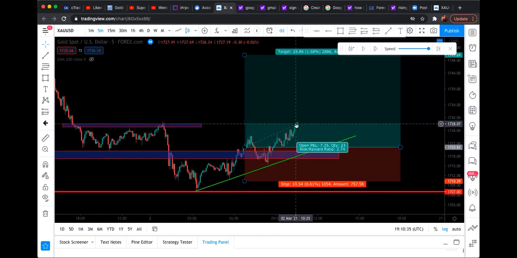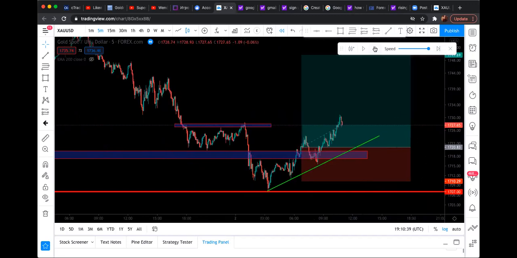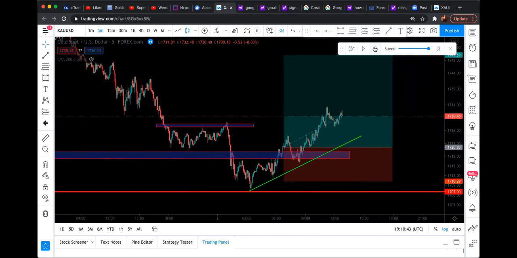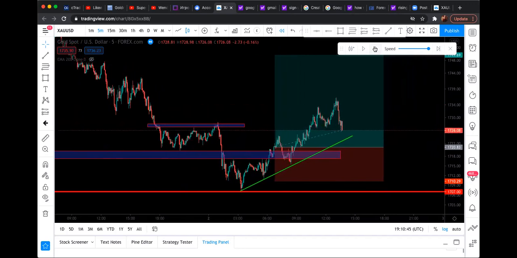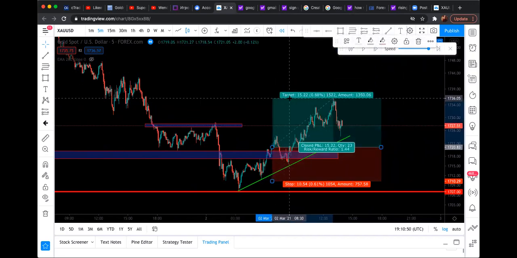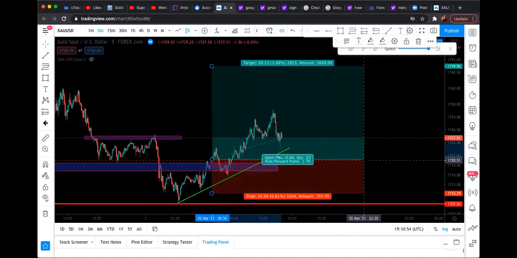What is happening? TP1 hit here, 1:1 has hit. And then what is it doing? It gave you how many pips before it came to find another support? 15 pips already.